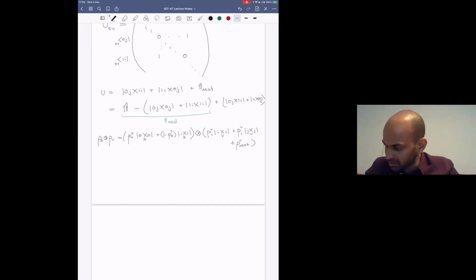Remember that there is no contribution from the states i or j in the rest, because we've set all of the elements that involve i and j, except for the two elements that we've listed, to be 0.